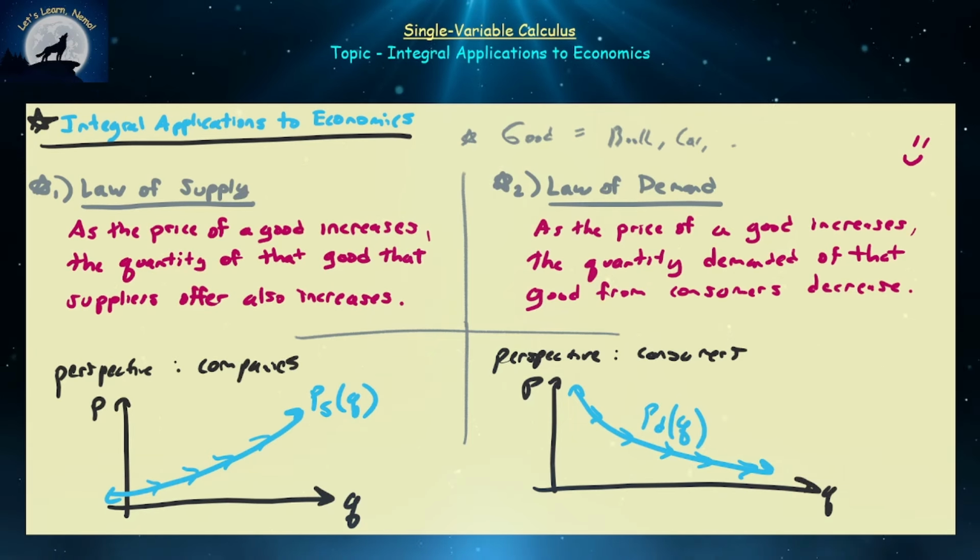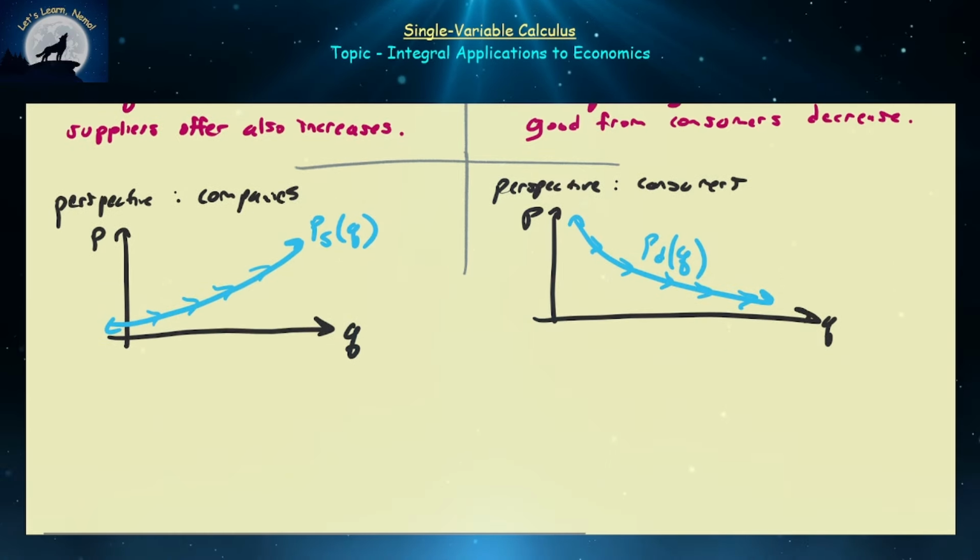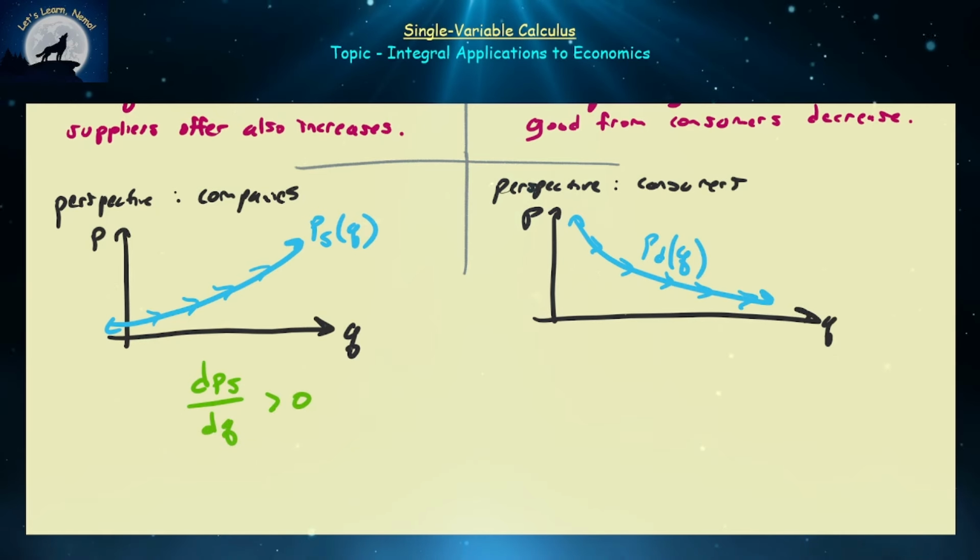If we assume that the supply price curve and the demand price curve are smooth and differentiable, then we can immediately create differential relations that dP_S/dQ should be a positive quantity at any position Q, or for the most part, most of those positions Q, and dP_D/dQ should be negative for either all points in the domain of P_D or ideally most points in the domain.